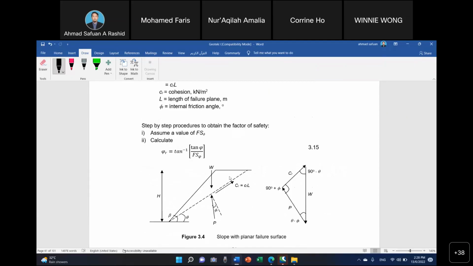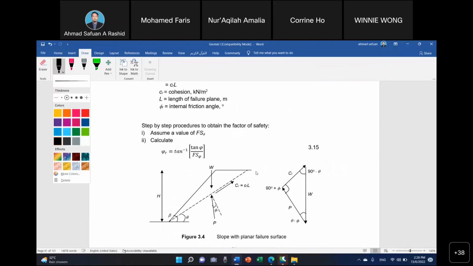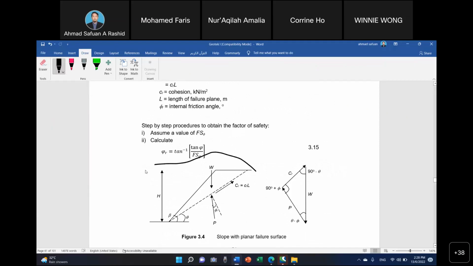So this is the slope, sorry, the finite slope, where the finite slope has a potential of failure.